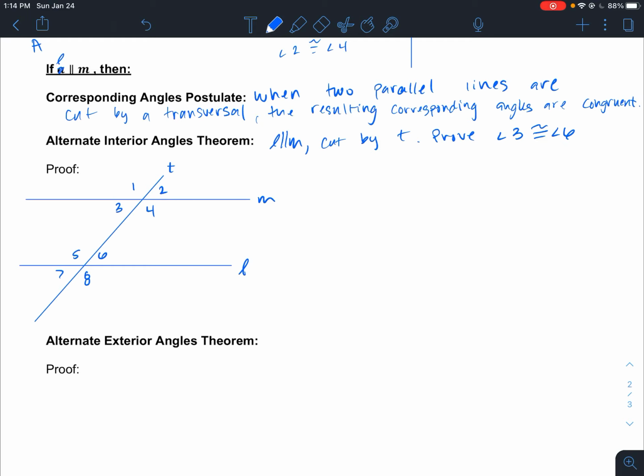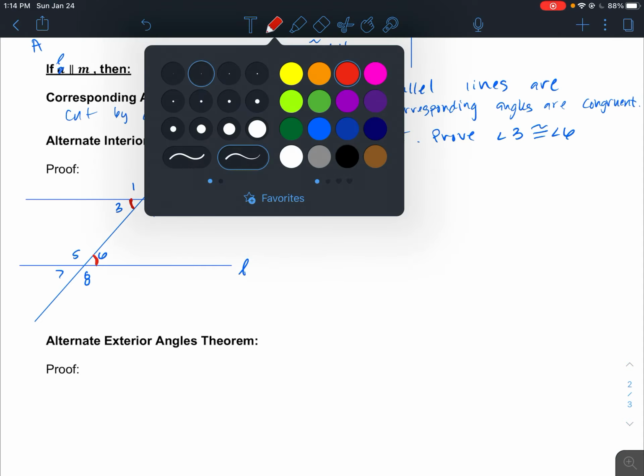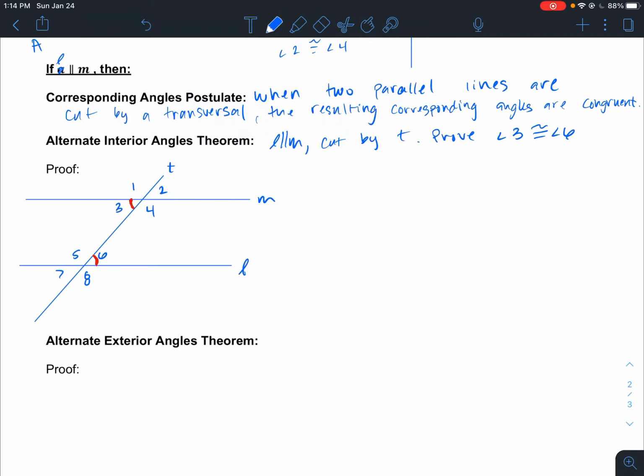So angle 3, we want to prove that this angle right here and this angle right here are congruent, the alternate interior angles. Now we're proving this generally so that we could also show that angles 5 and 4 are also congruent, because those are also alternate interior angles.